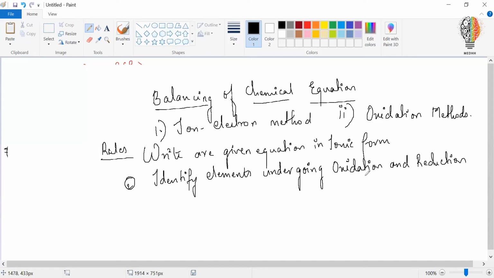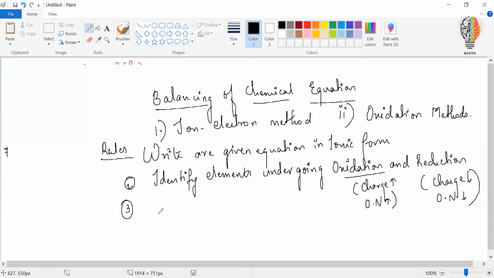Okay, I hope everyone knows what oxidation is. That is your loss of electron, that is increase in charge, right? Increase in charge or oxidation number is called oxidation. And what is reduction? Decrease in charge or decrease in oxidation number. I hope if you don't know it, I have just mentioned it over here.